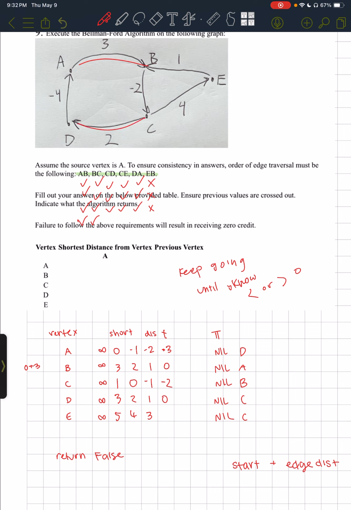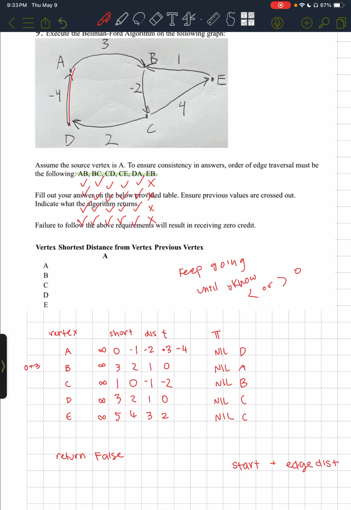And then E, 4. 0 plus 4, oh sorry, it's 4 minus 2, which is 2. And then the next one is D to A again, negative 4. And then the next one is E to B. Nope.